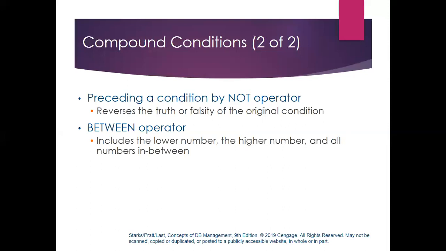Preceding a condition by the NOT operator reverses the truth or falsity of the original condition. The between operator is inclusive. It includes the lower number, the higher number, and all the numbers in between. Please see pages 86 to 92 for additional information.